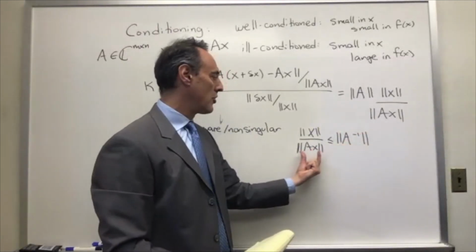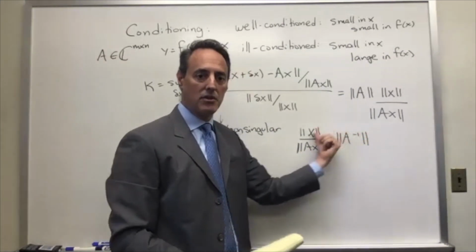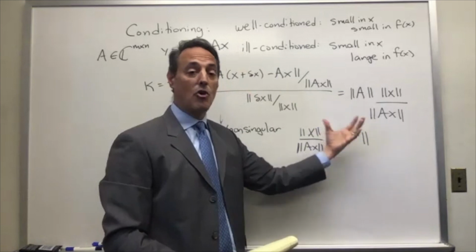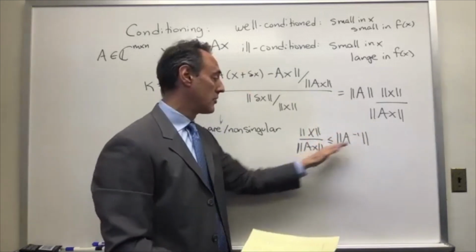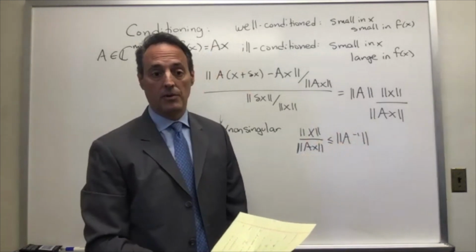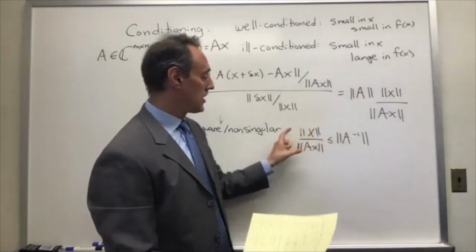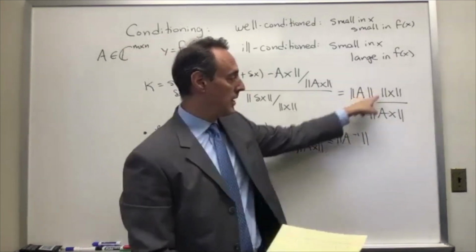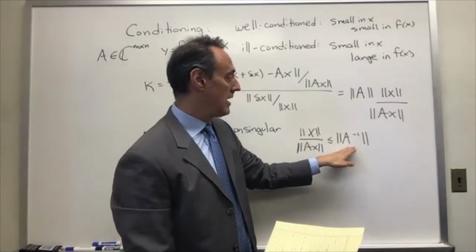And the easiest way to show this is to multiply by x. You have A inverse times A times x is equal to x. Then you take the norm of both sides, and remember that you have certain triangle inequalities. This is where you get this. I'm not going to work out the details, but there you go. You have this inequality. So notice that this quantity shows up right here. This thing here is less than the norm of A inverse.